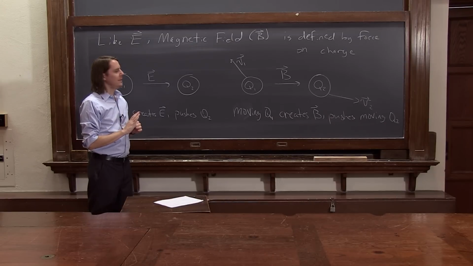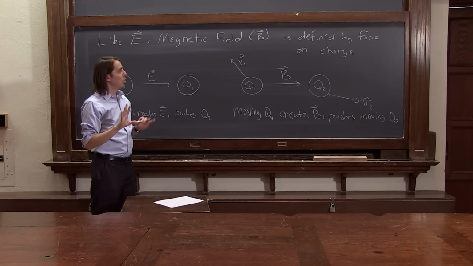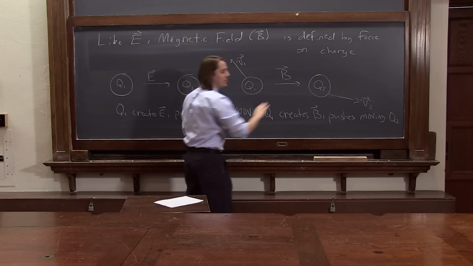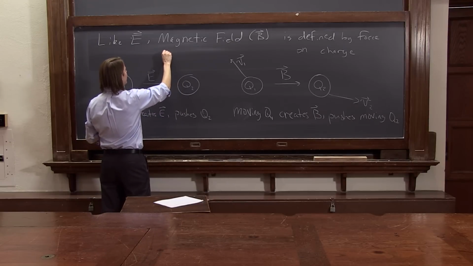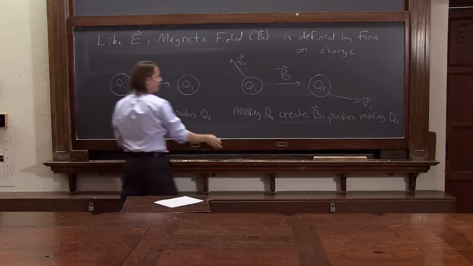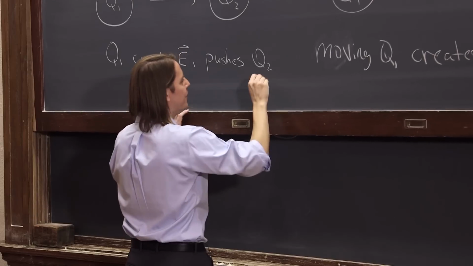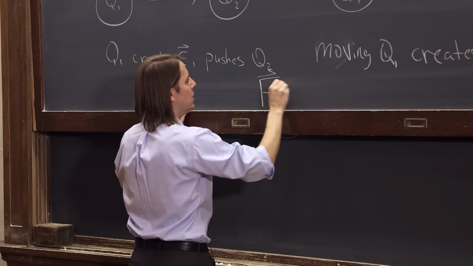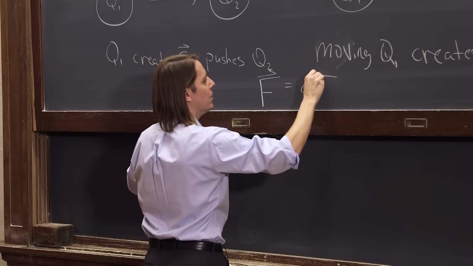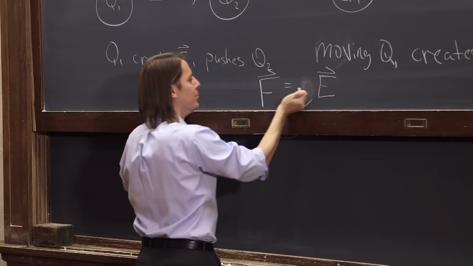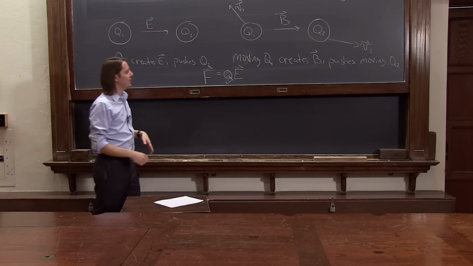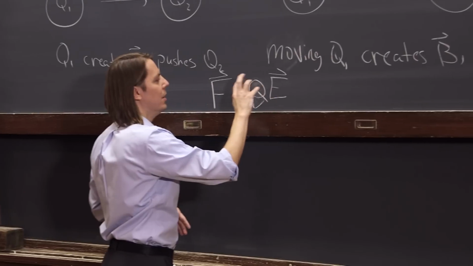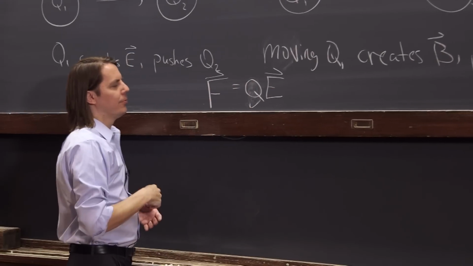Another difficulty is in math. So what is this force? This push is a force. I'll write it real quick just to show you what's coming. The force on a charge, we know the electric part is QE. Use the big Q. It's the charge times the electric field. That's how we defined it. And we just have to multiply a scalar times a vector to get a vector force.